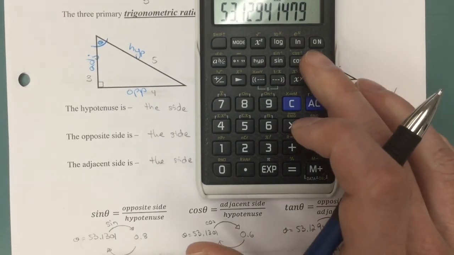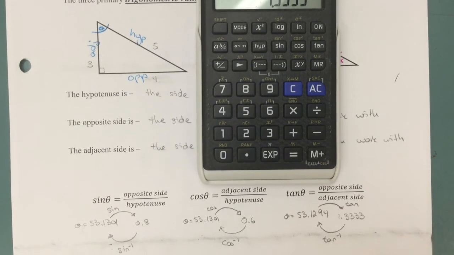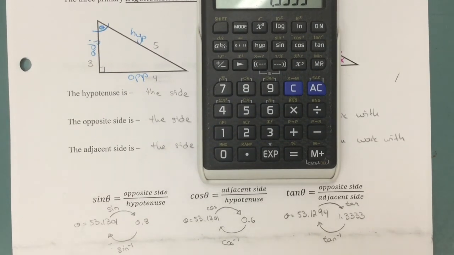So if I take this number and press the tan function, I will get back to 1.3333. And so that is how you use the sine, cosine and tangent functions, or the ratios, to figure out your angles, as well as figuring out what your ratios are.